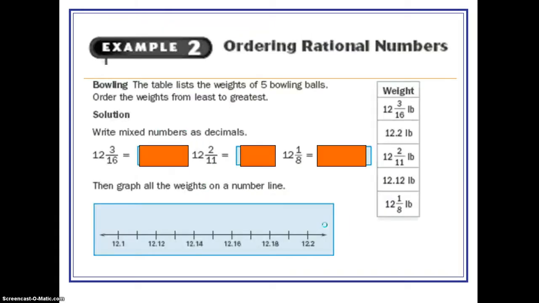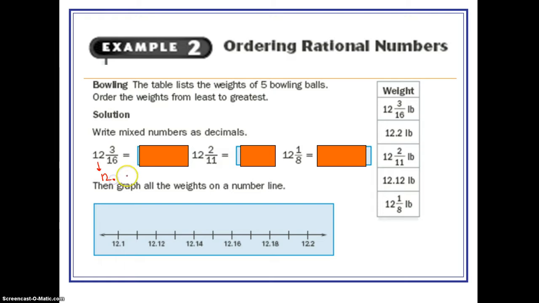We can order rational numbers by turning them all into decimals. So this table lists the weights of 5 bowling balls. Order the weights from least to greatest. We first want to write mixed numbers as decimals. So to do that, the 12 just stays 12.